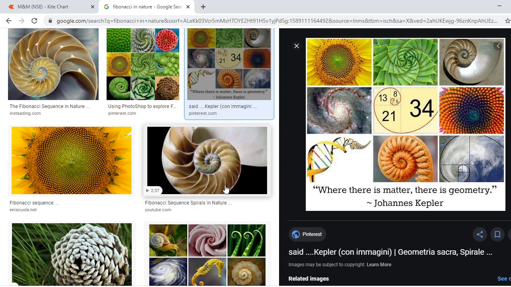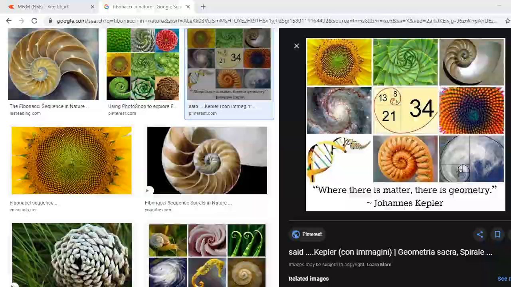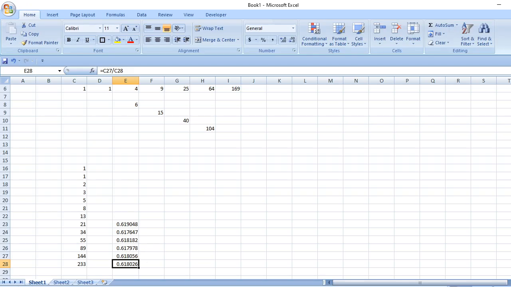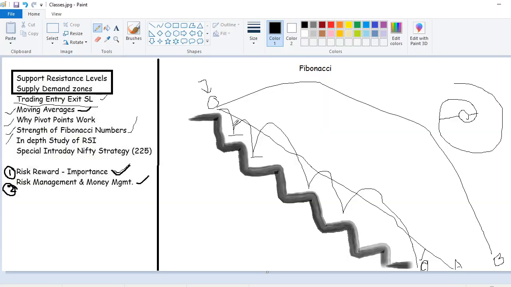If you check the ratios on a seashell, the distance between these two and the distance between these two, if you divide them, the ratio will be nothing but 0.618. And the ball which you are leaving from the top will bounce to a level of 0.618 or some other ratios.